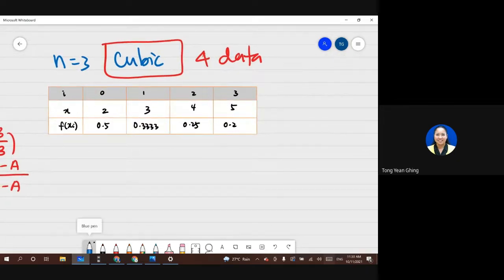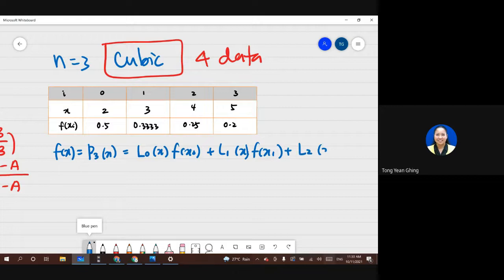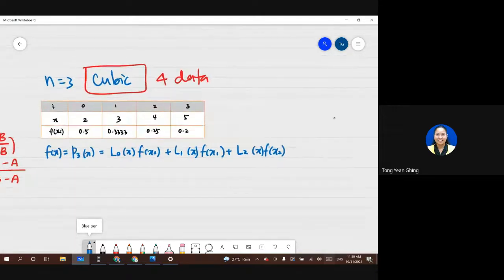So f(x) equal to P3(x) equal to L0(x) f(x0) plus L1(x) f(x1) plus L2(x) f(x2) plus L3(x) f(x3).